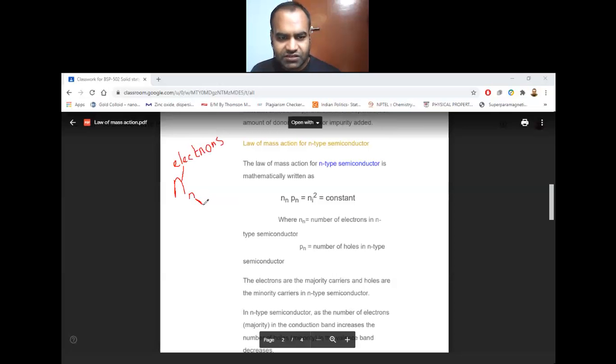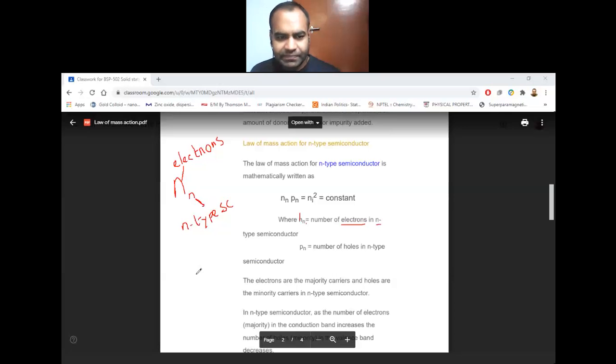And this n, which is in the subscript, represents that it is an n-type semiconductor. So here it is written number of electrons. Electrons means this n, and this n stands for n-type semiconductor.